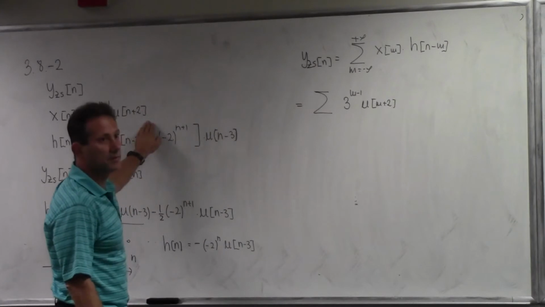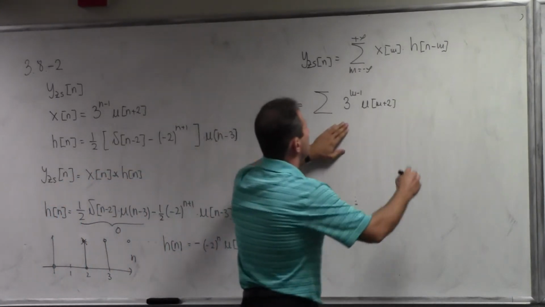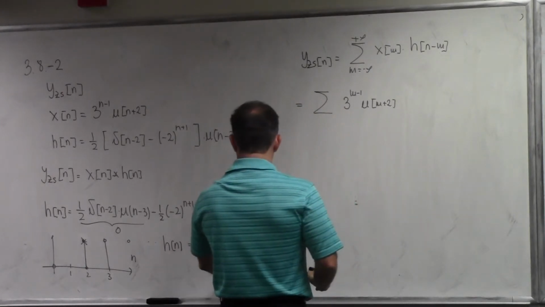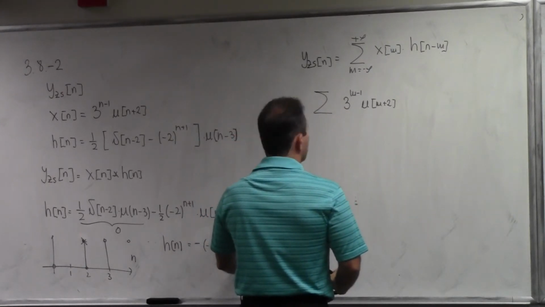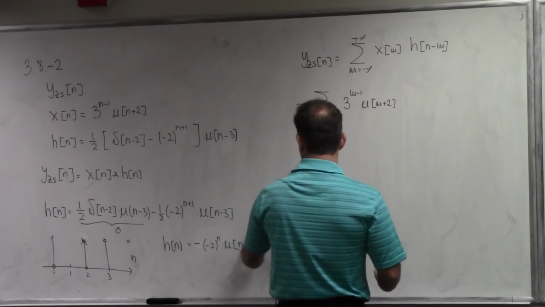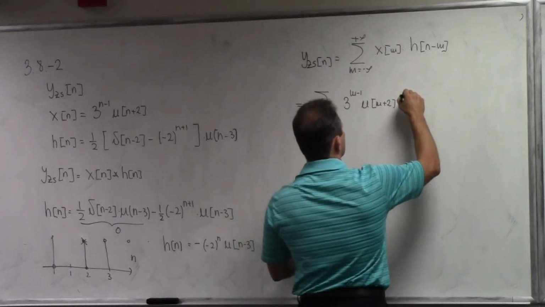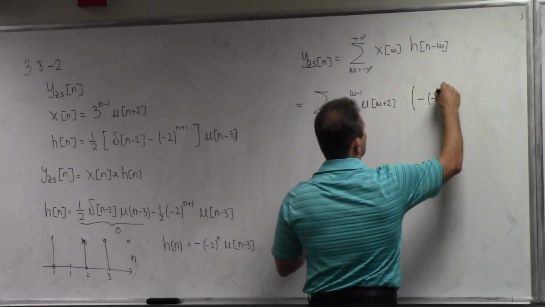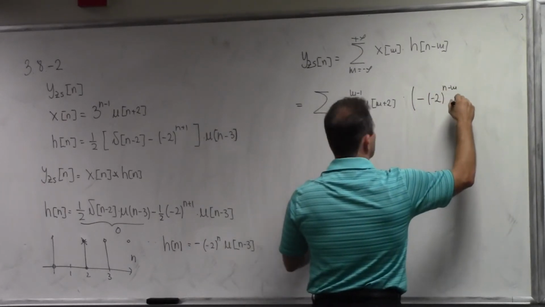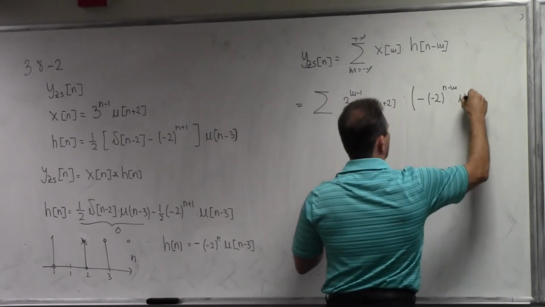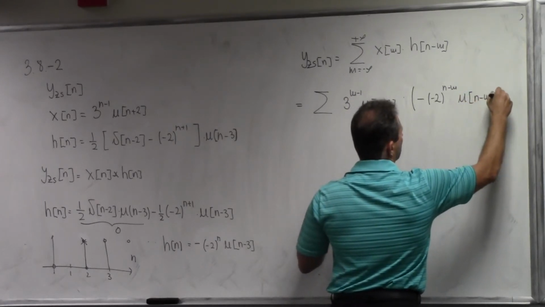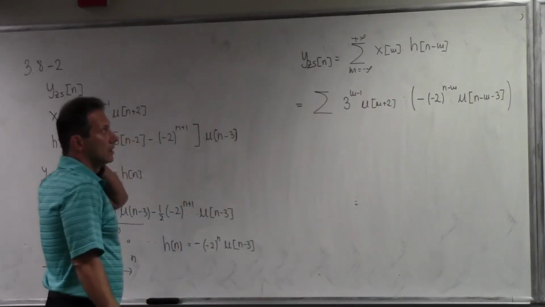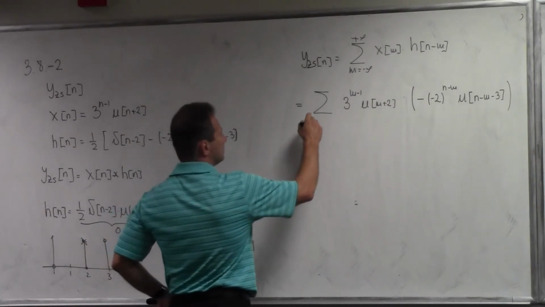That's your x of m. And h is going to be this here, but instead of n, I would have to put n minus m. So this becomes times minus 2 to the n minus m times u of n minus m minus 3. Okay?